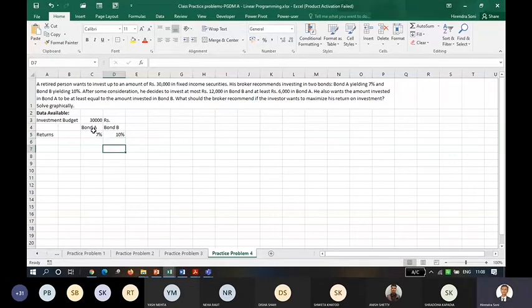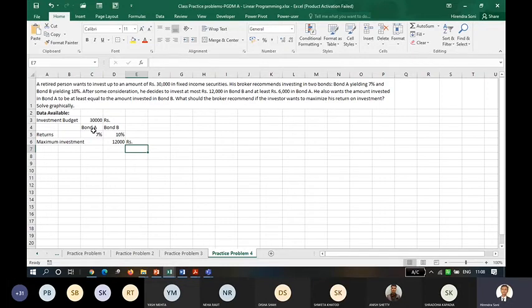He decides to invest at most 12,000 in bond B. So that means maximum investment 12,000 rupees in bond B. Correct?